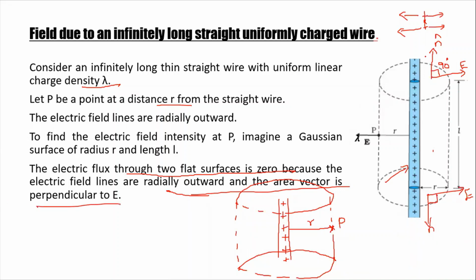That is what we saw. We drew it diagrammatically here. With this understanding, now we have to do the mathematical calculation and find out the electric field due to this infinitely long wire at a point P with the cylindrical Gaussian surface.